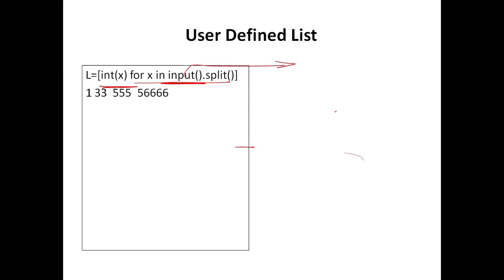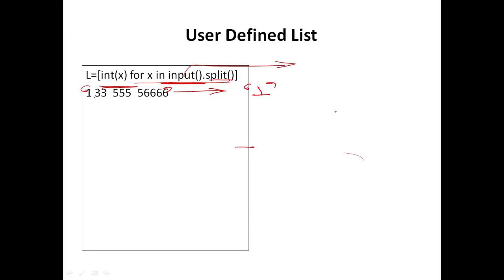This input function is associated with a split function. So what does a split function do? It splits a string by the space character. Whenever it sees a space character, it splits that string. So this single string will be split into 4 strings at the space characters.